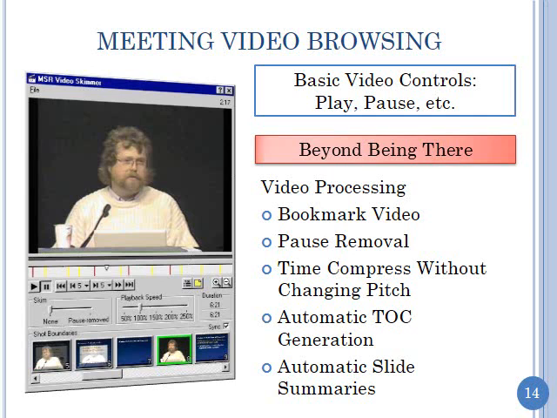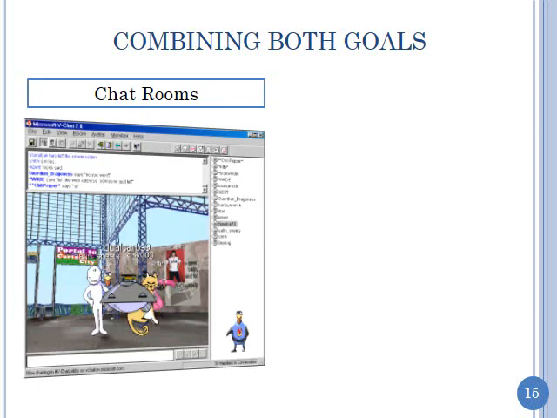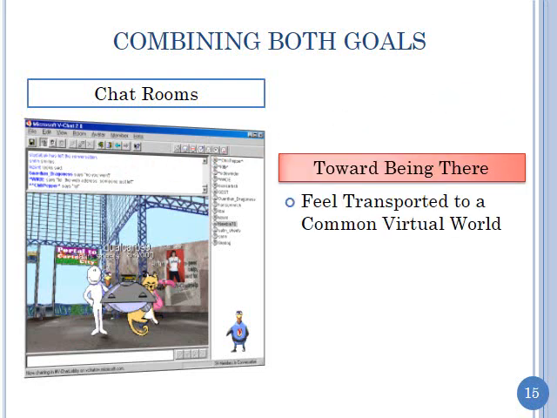Okay, so this is interesting. That gives you a scope of what happens, and often the two goals are combined. So this is video chat, or a graphical chat, and what's happening is you feel transported to a virtual world, so you're not just entering text.